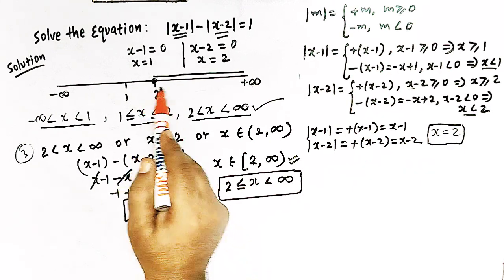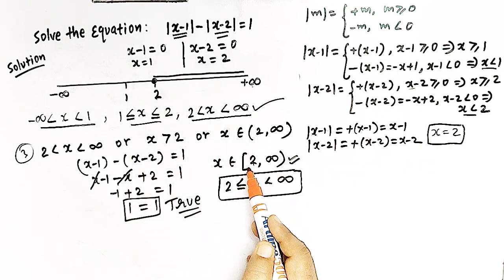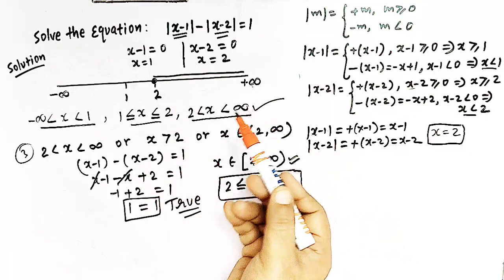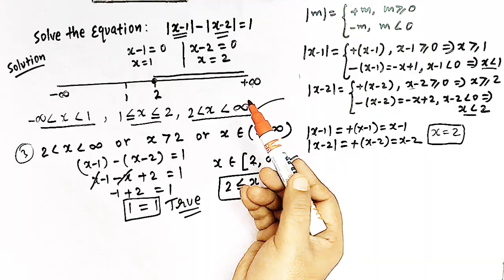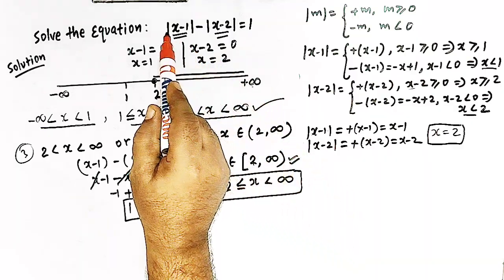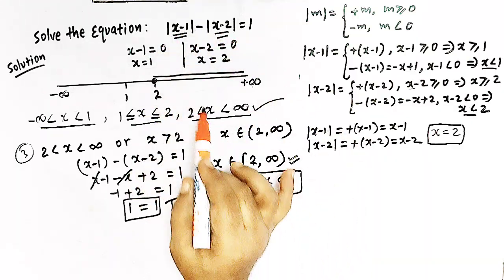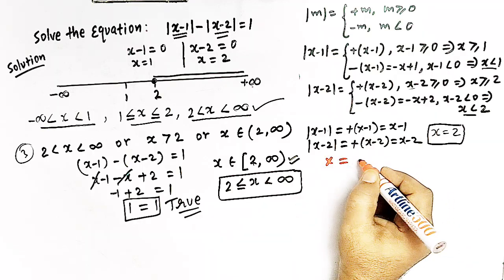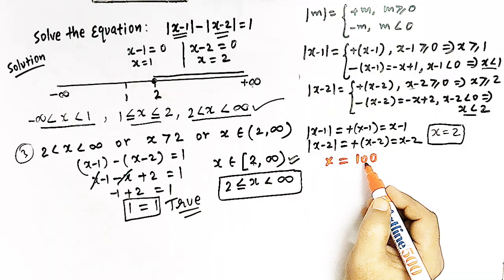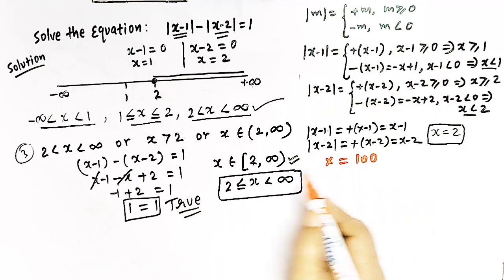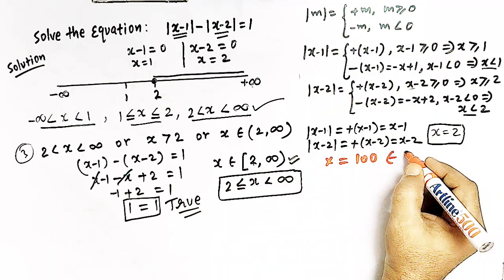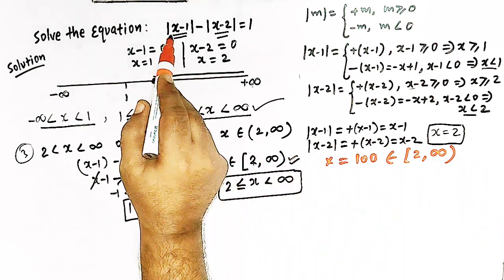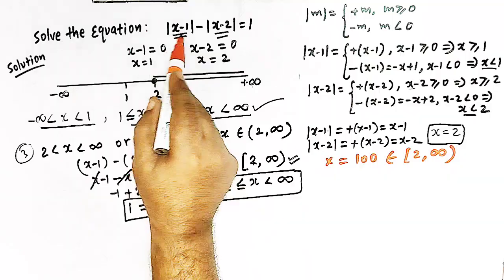So now let us take some points in this interval, that is 2 to infinity, and let us verify whether these values of x are a solution of this equation or not, right? So let us take one point, say x is equal to 100, and this number 100 belongs to this interval, that is 2 to infinity. So let us substitute x is equal to 100 in this equation.